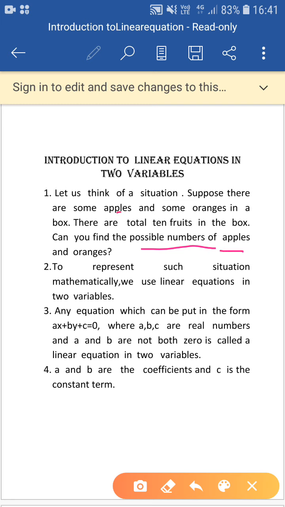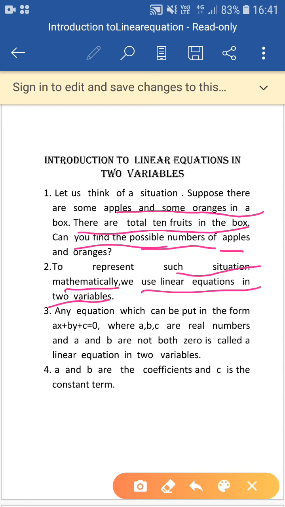So these are some examples in which we have two unknowns, and to represent such situations mathematically we use linear equations in two variables, as I have given examples to you.